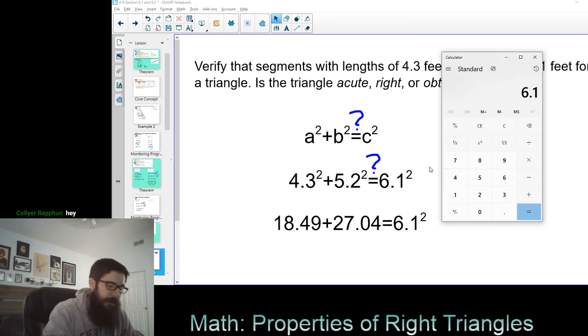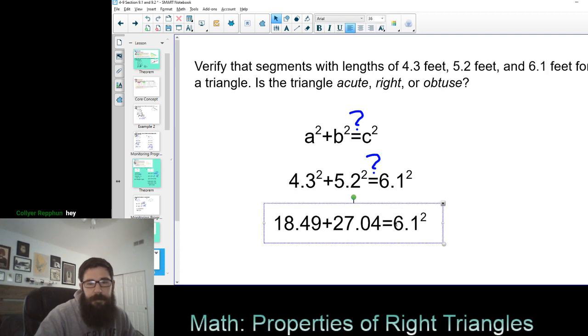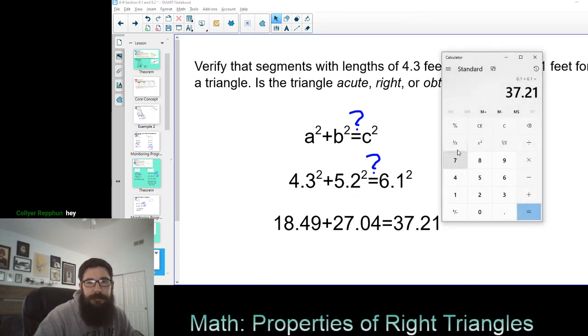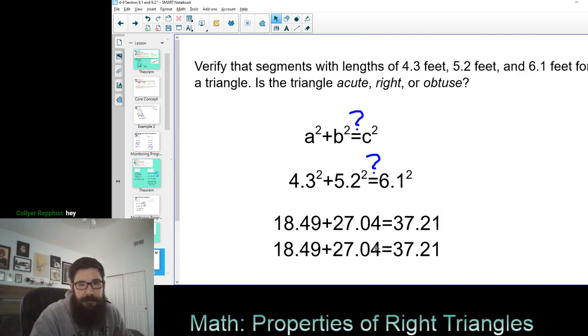Again, calculator's totally okay. 37.21. Let's add that left side to make our final comparison. I'm going to add 18.49 plus 27.04. I get 45.53.